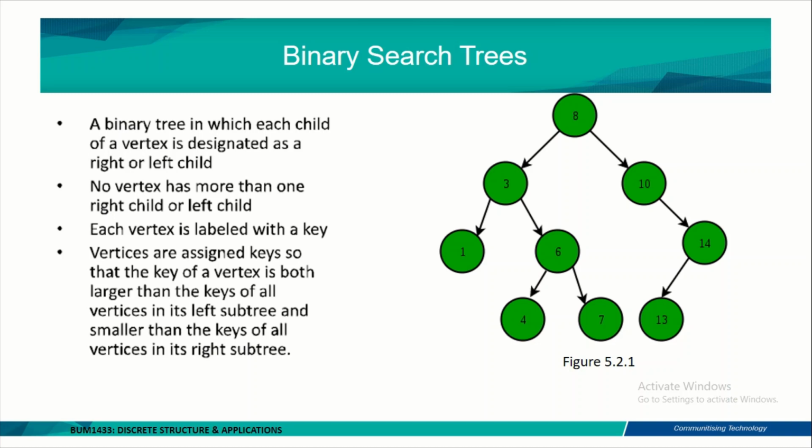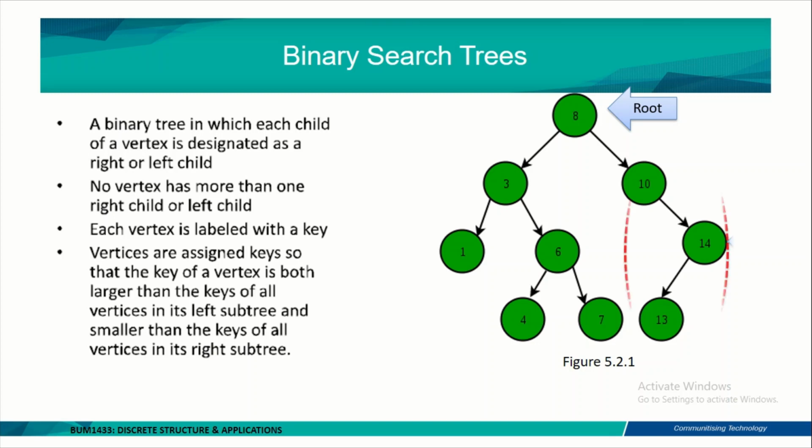So we see in figure 5.2.1, the key for this tree is labeled with a number. This is the summary for the last point. We see that the 8 is the root of our binary search tree here.